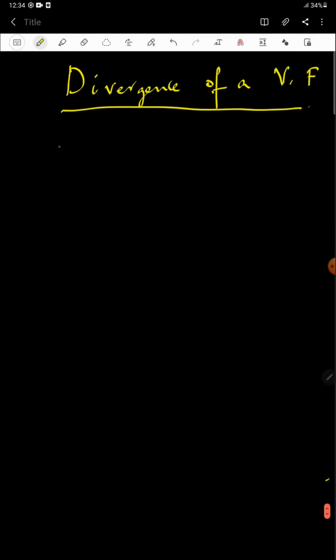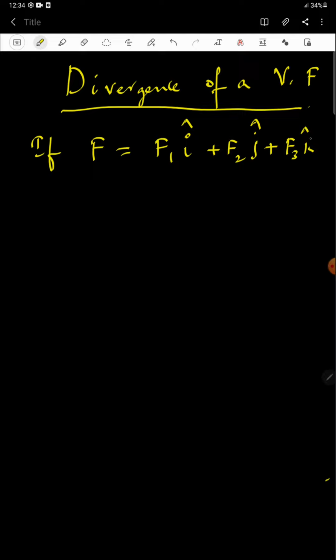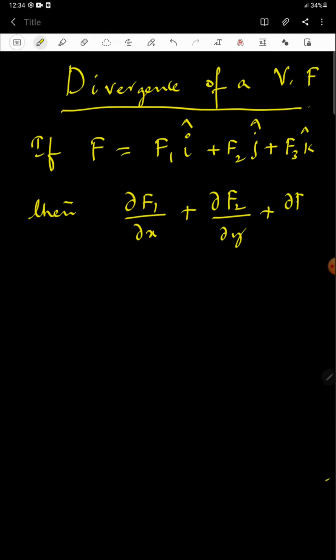For example, we have f, which is f1 i plus another function f2 j plus f3 k. Then ∂f1/∂x plus ∂f2/∂y plus ∂f3/∂z is divergence.